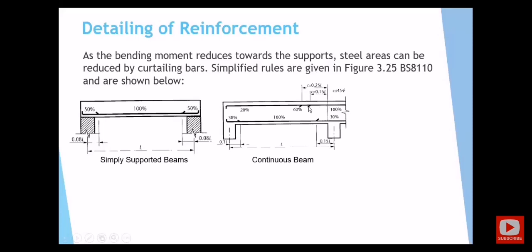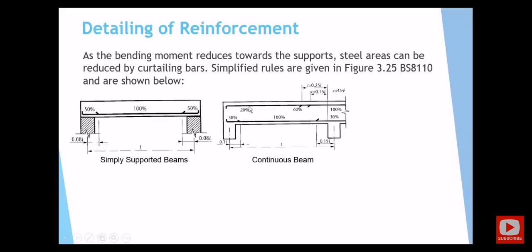Then if you want to cut another part of the bars, okay, the minimum distance here will be 0.15 L, 15% of the span, again from the face. So for the top reinforcement, the distance is always measured from the face of the beam. For the bottom reinforcement, the distance is always measured from the center line of the beam.